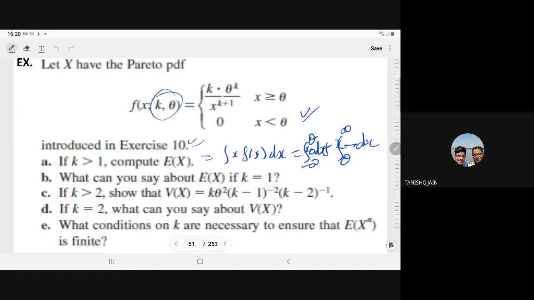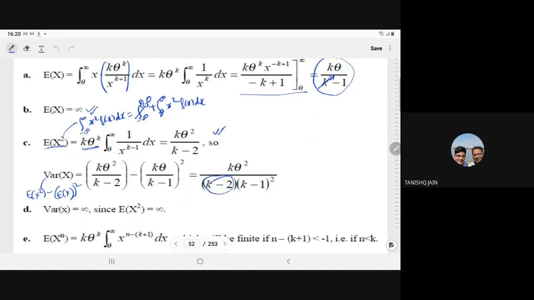Then, what condition on k is necessary to ensure the expectation of x^n is finite? When we have to compute the expectation of x^n, it is the integral from minus infinity to infinity of x^n into f(x) into dx. That can be written as minus infinity to theta plus theta to infinity. In the first range the integrand is 0, so it will become 0. And here we have to write x^n into f(x) into dx.